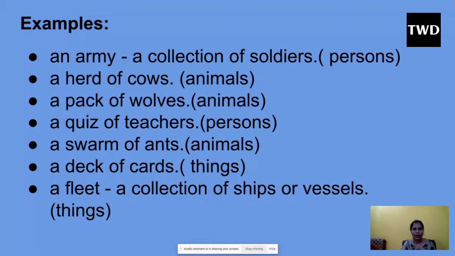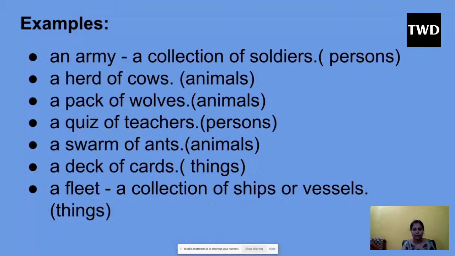A swarm of ants, okay, when some flying insects move together in a group, that is known as a swarm. A deck of cards, you might have played card games, and the bunch of cards is known as a deck. A fleet, fleet is a collection of ships or vessels. Vessels in this case are the utensils which we use in our kitchen every day.